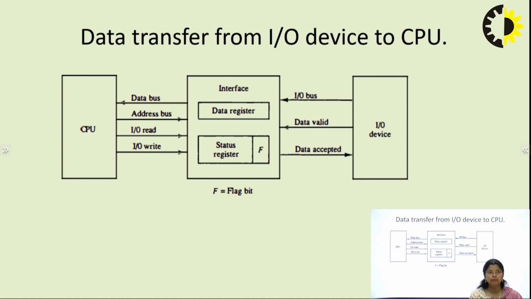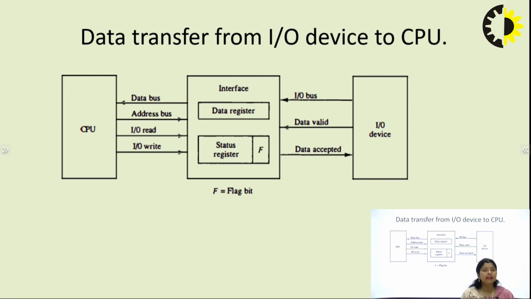Whenever the input device has some valid data, the data valid line will be enabled. Then there is an interface. This interface has two registers, a data register and a status register. The status register has a 1-bit flag value.